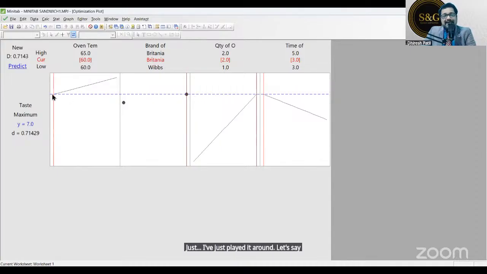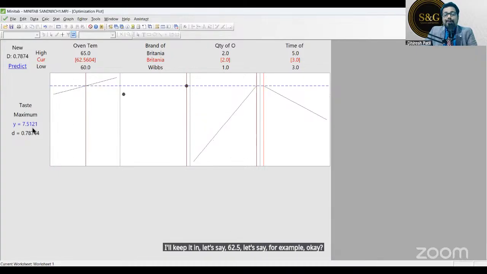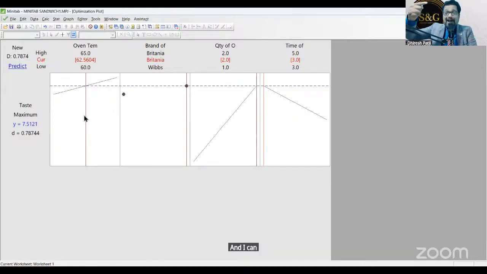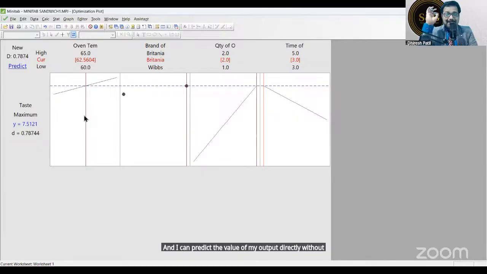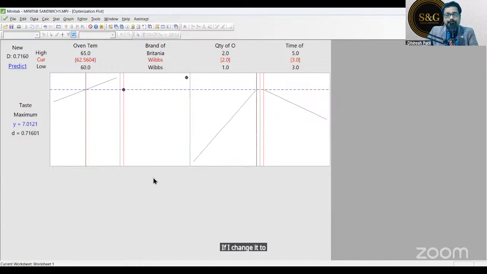Let's say I keep it in the center, at 62.5, for example. Look, my taste has gone from 7 to 7.5. I can just play around and predict the value of my output directly without running the process. Look at this. Instead of Britannia, if I change it to Vibs, my taste has gone down to 7.